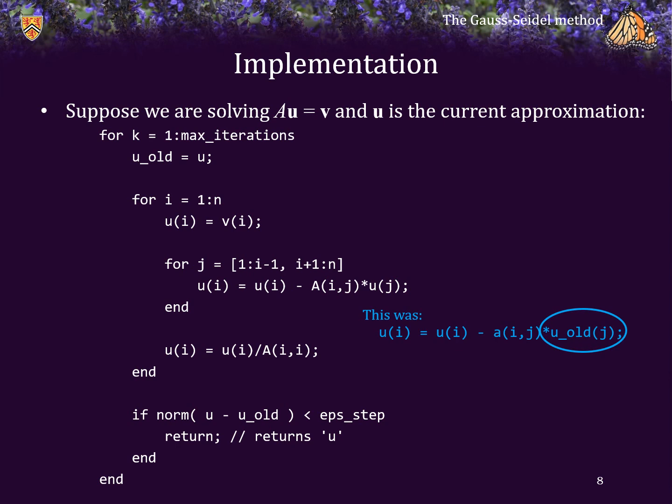Now we are using the current vector, which is being updated one at a time. Consequently, if j is less than i, we are now using updated values, whereas if j is greater than i, we are still using the old values. This basically gives us a push in the correct direction.